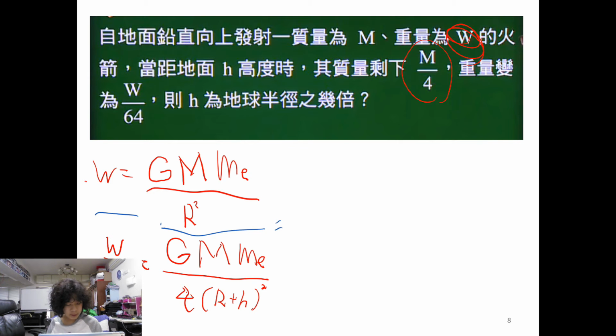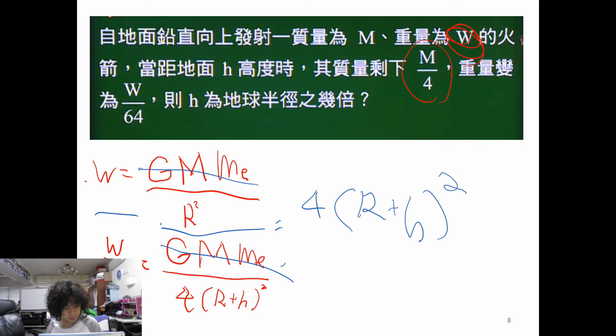Now if you do something like that, divide, you will get that these things are cancelled. So what is left is that 4 times (R plus H) squared equals R squared times 64, right?